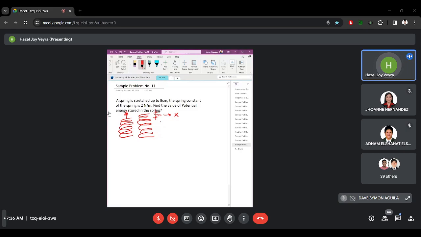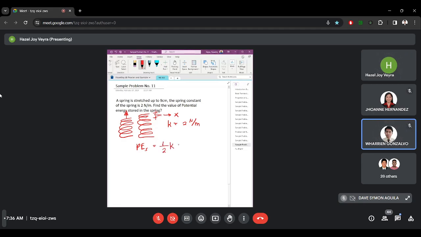Next, we're also given the spring constant, which is 2 newtons per meter. So what's the formula for potential energy of spring, class? Gising pa ba? 1/2 k times x squared po.